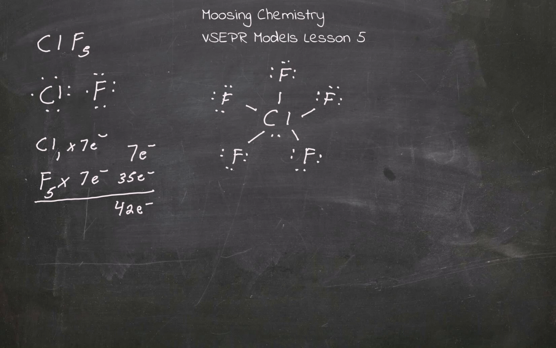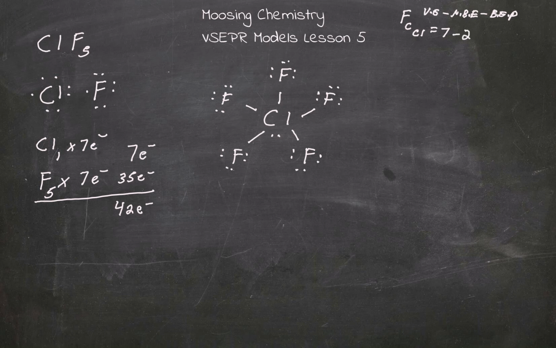So anyway, let's check the formal charge to make sure this is good. So the formal charge of chlorine, and remember that it's valence electrons minus non-bonding electrons minus bonding electron pairs, okay? So chlorine comes in with 7 valence electrons.